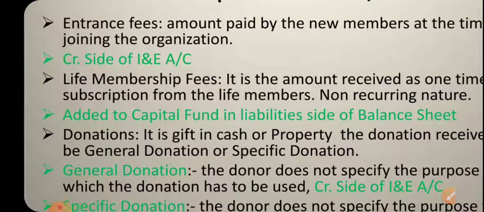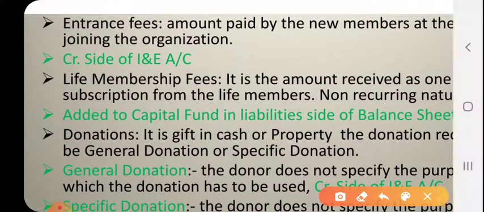Suppose you took a lifelong subscription; to take a lifelong subscription you have paid one time payment. You make one time payment, so that is called life membership fee. For the whole of the life you need not pay, only one time you need to pay. That's why it is going to be added to capital fund in the liability side of the balance sheet.